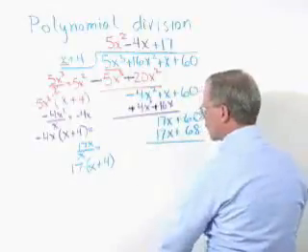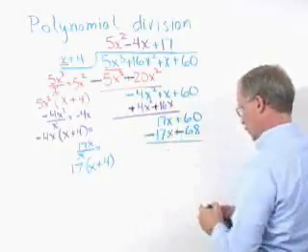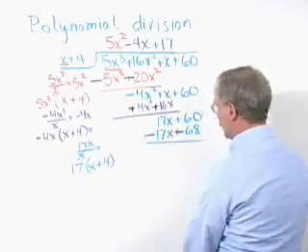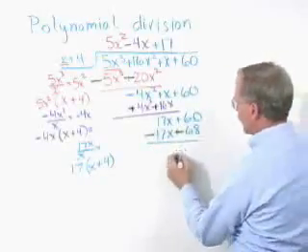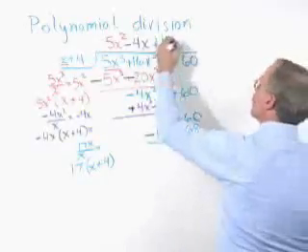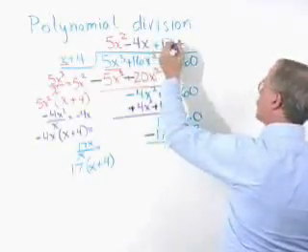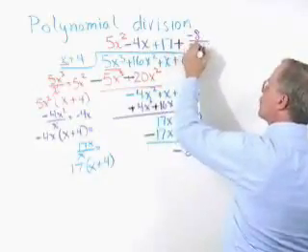We'll change the signs, add the opposite, and that will leave us with no x terms, but it will leave us with negative 8. And that's our remainder. So we'll come up here and we'll write plus negative 8 over x plus 4.